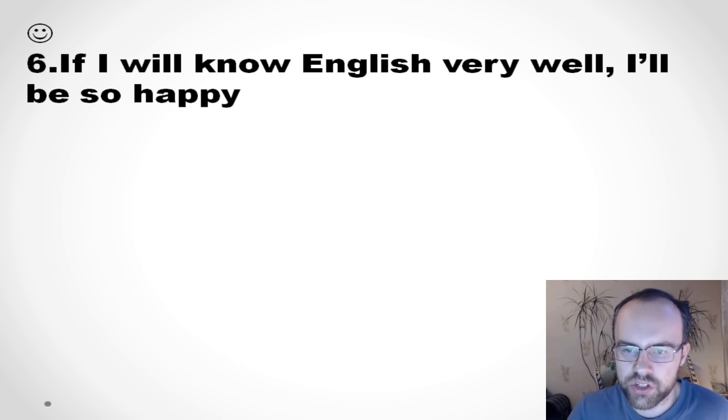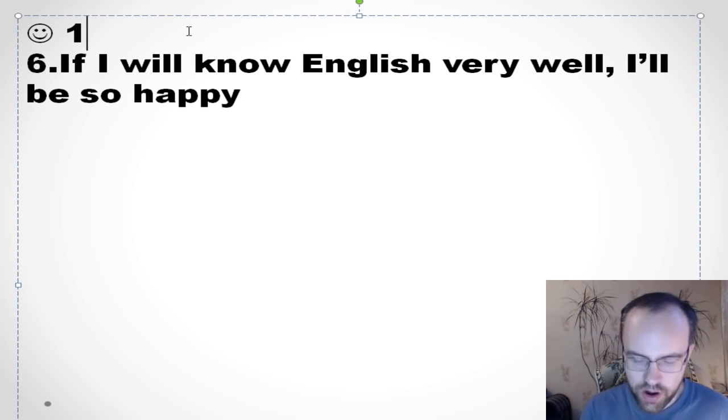If I will know English very well, I'll be so happy. Yeah, good idea. So, what's wrong with this sentence? So, you see that there are two parts in these sentences.